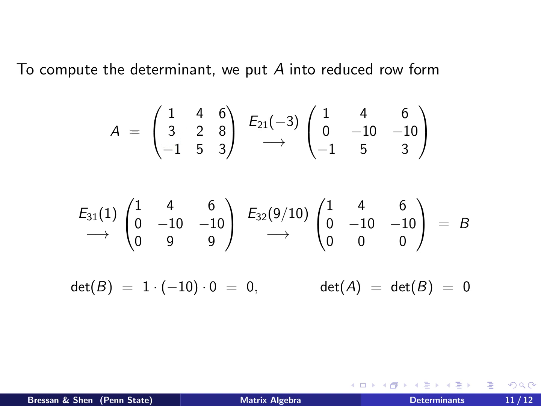Then you will get 0, negative 10, negative 10. That's step 1. Then I want to make this 0, so I can take row 1 and add it on top of row 3. That's this operation, and I will get 0, 9, 9.